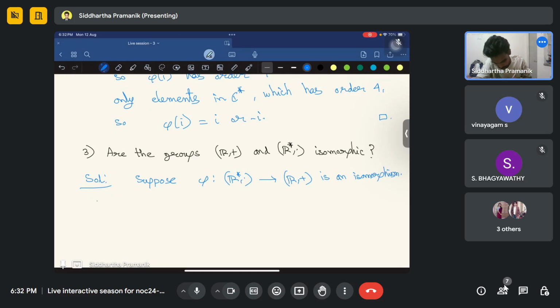Now minus 1 belongs to R star and has order 2, right? But in this group R, plus, the only element which has finite order is the zero element, meaning the identity element.